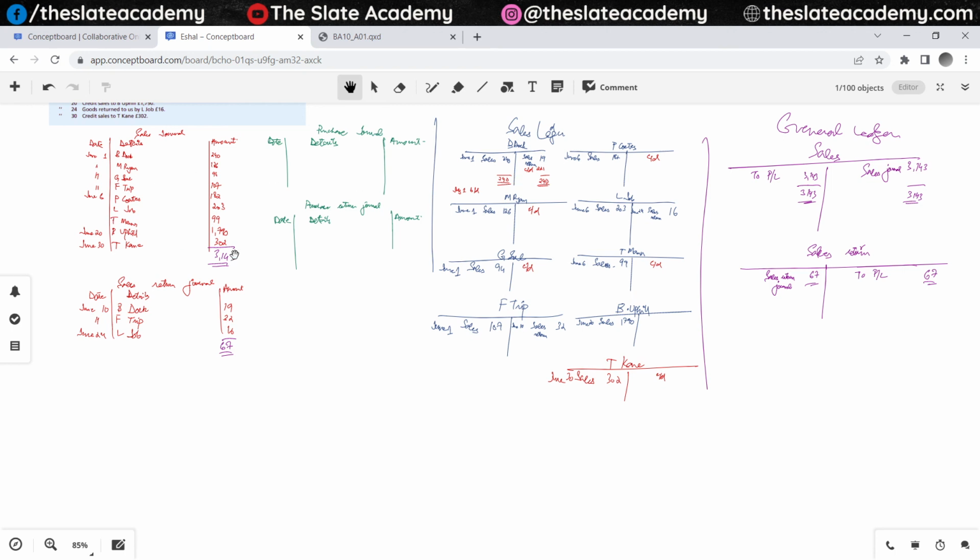And eventually at the end of the month, the sum of these gets taken to general ledger T accounts. So sales journal goes to sales T account. The sales return journal goes to sales return T account. The purchase journal goes to purchase T account. Another one we'll have over here. And purchase return journal, its sum gets taken to purchase return T account.